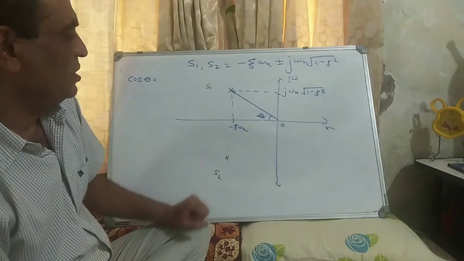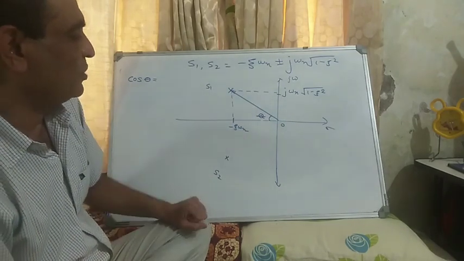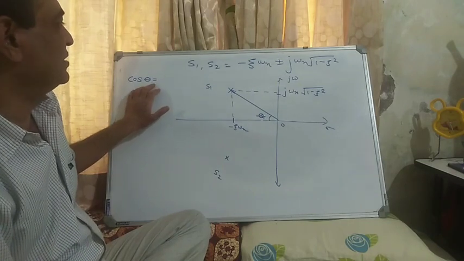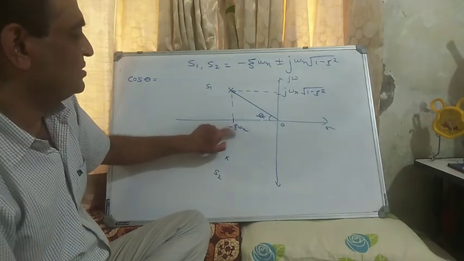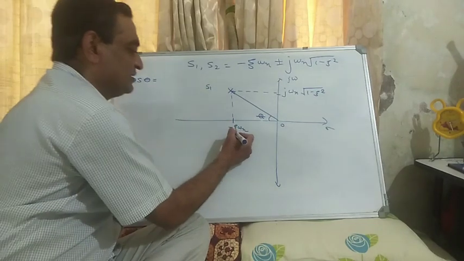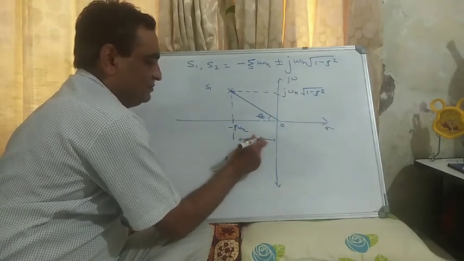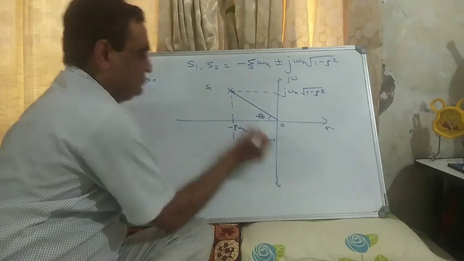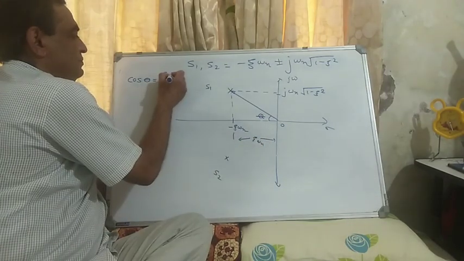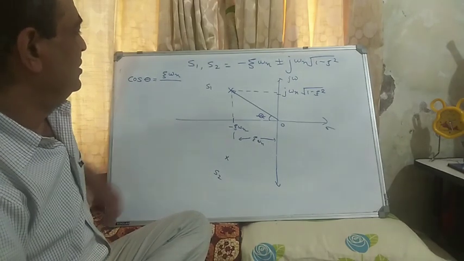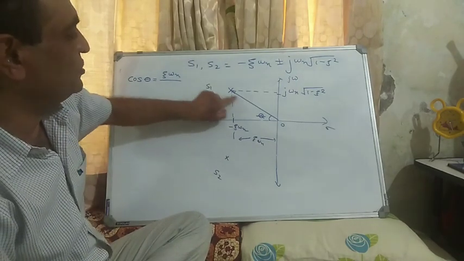Adjacent side is xi omega n, this distance. This is xi omega n distance, upon hypotenuse. Hypotenuse is this.